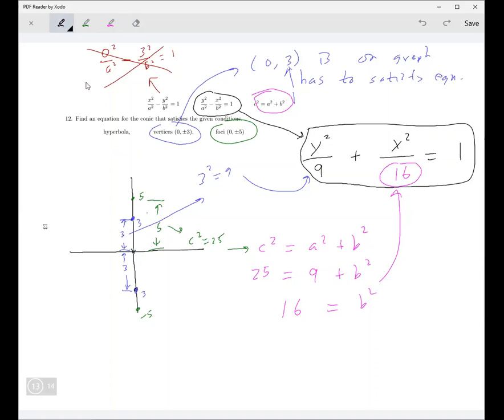Now, if you want to find the other things, if you wanted to graph this, we would come out here to the square root of that, which is 4, and negative 4. Wait, that's a bad place. So 4 and negative 4. Draw this box right here.